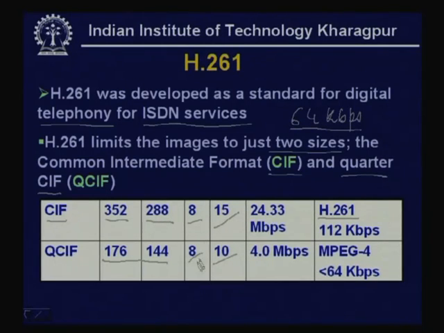Of course, the number of bits used for each pixel is 8, and the uncompressed signal has got 4.0 megabits per second, and after compression by using H.261 it gives you less than 64 kilobits per second. So, you see this is primarily used for transmission through the ISDN network.